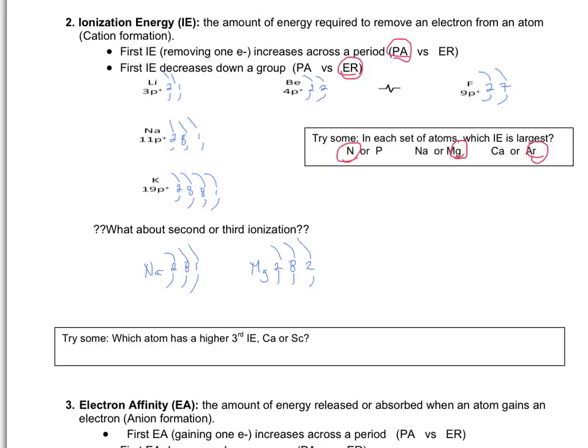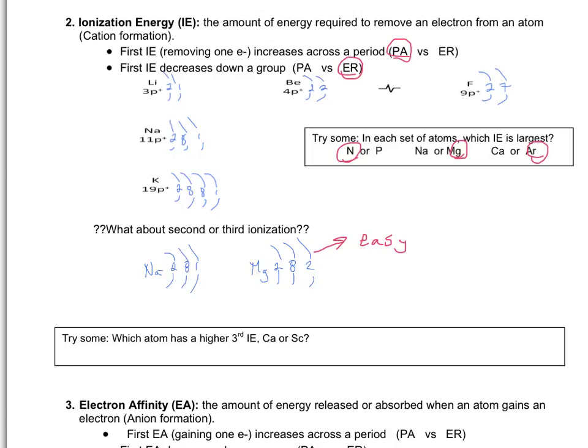Let's start by pulling two electrons off of magnesium. The first electron I pull off is relatively easy because I've got three shells of electrons, so lots of electron repulsion.